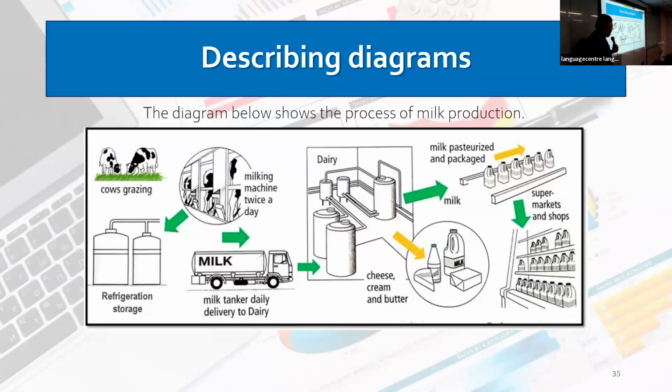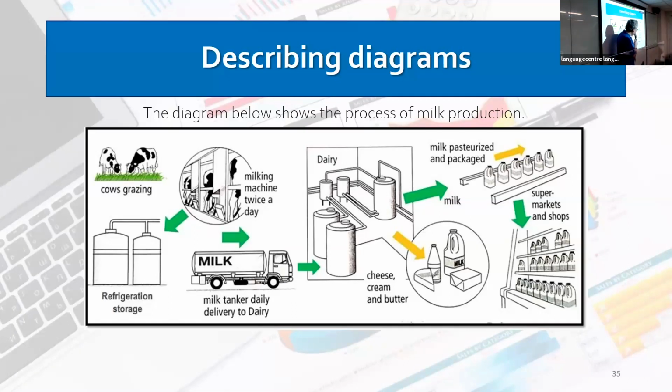Let me show you an example of how to describe a diagram, using this visual. This is a diagram showing you the process of milk production, how to produce milk. As you can see, there are two alternative steps here.